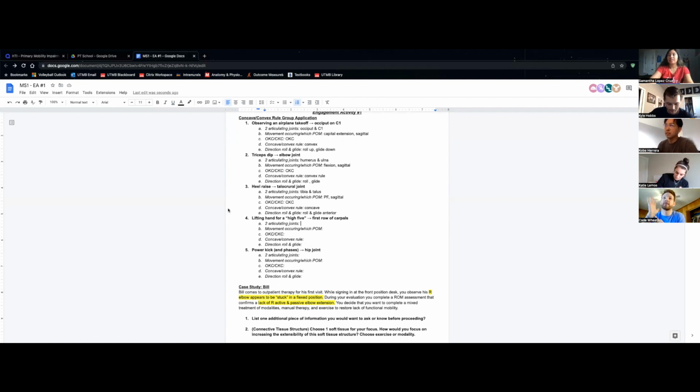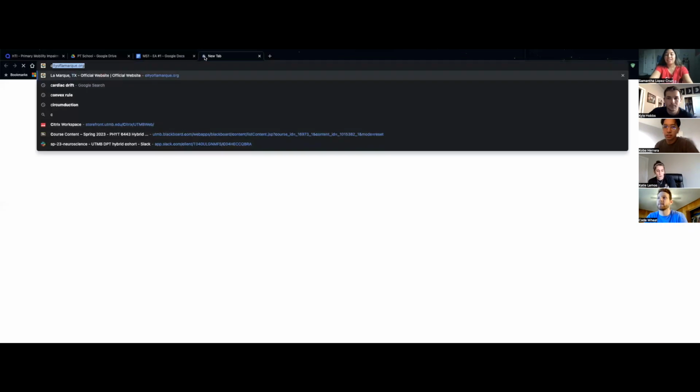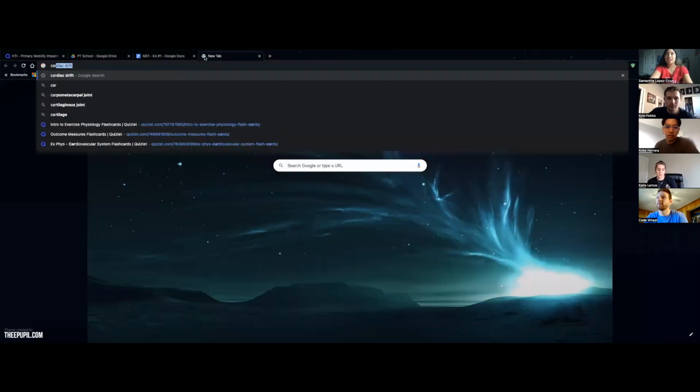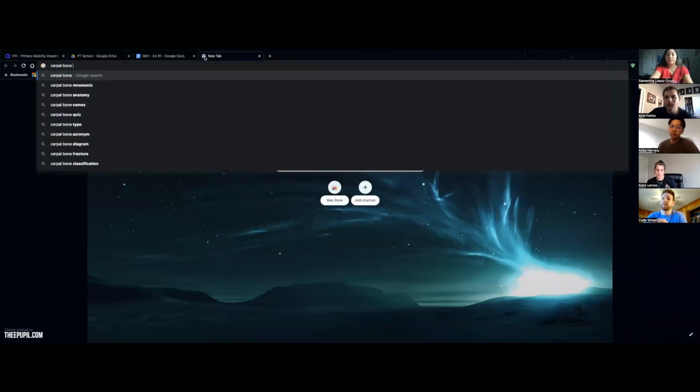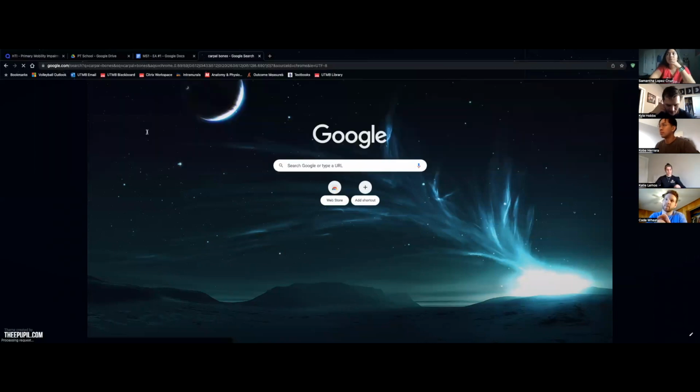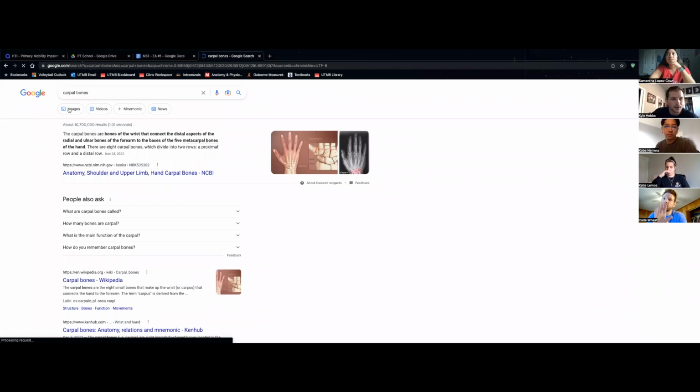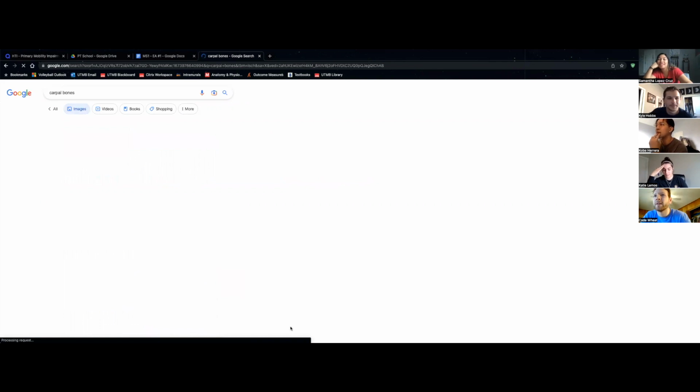I forgot what all the carpals are. I think the first row of carpals rely on the radius and ulna. I think it's the scaphoid and the lunate that they articulate with. There's like a million wrist bones. They're all on a different bone, actually.